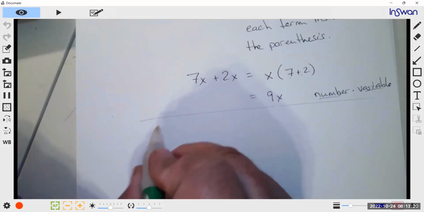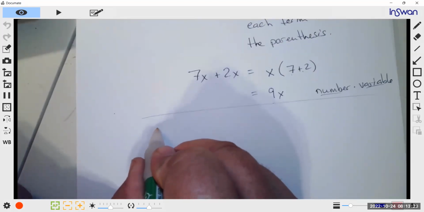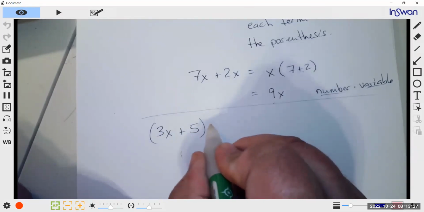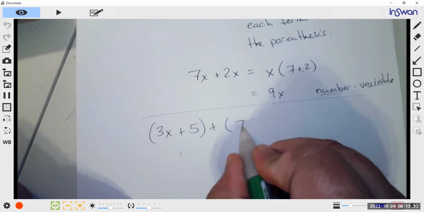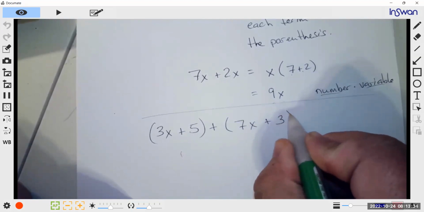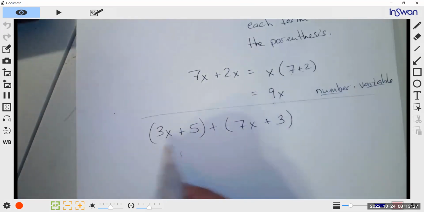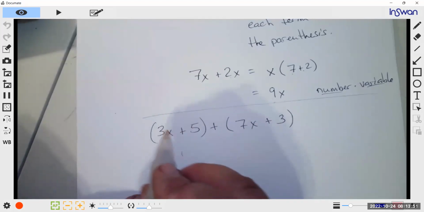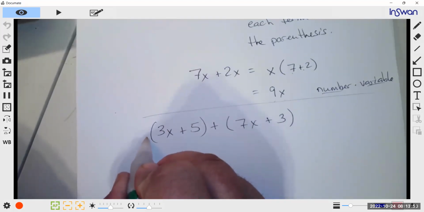All right, so let's add two binomials together. 3x plus 5 plus 7x plus 3. We have two separate binomials there. Order of operations. Can we do anything inside the parentheses? No. Since we can't do anything inside the parentheses, we have to get rid of the parentheses. What are the coefficients?